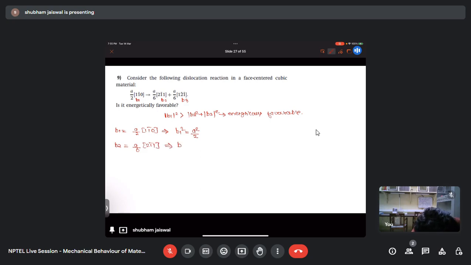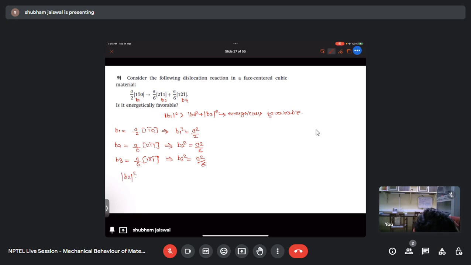If we take B2 square, we will get a square by 6. Similarly, we have B3 as a by 6, 1, 2 bar, 1 bar, and we'll get B3 square as also a square by 6.